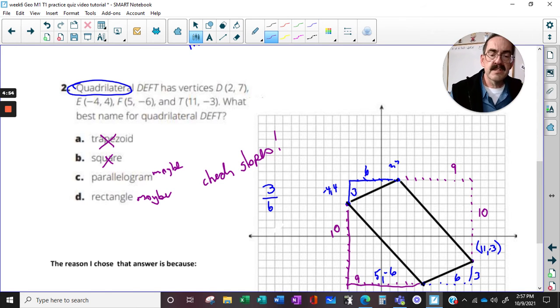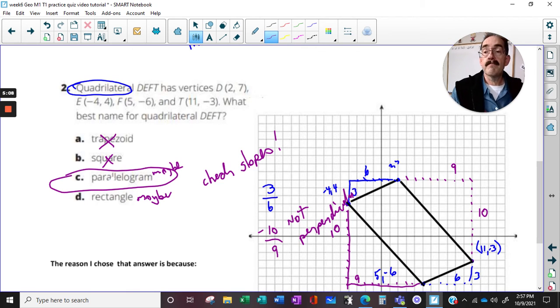This one is down 10 over 9. Not perpendicular. Parallelogram. Okay? Takes some time, but it can be done.